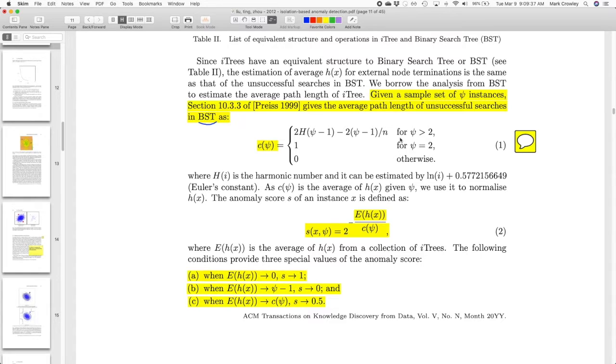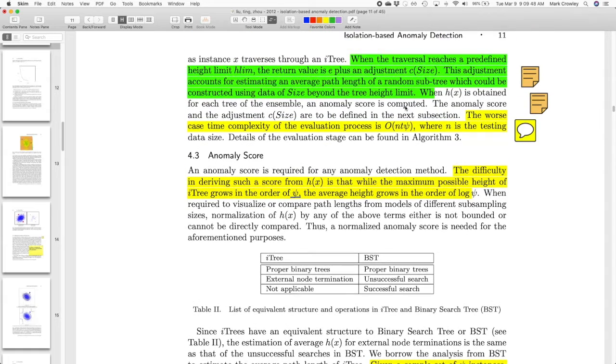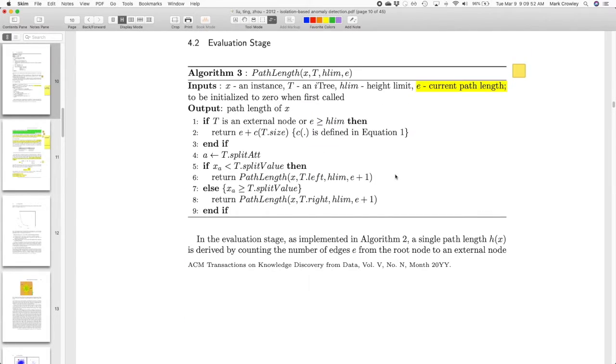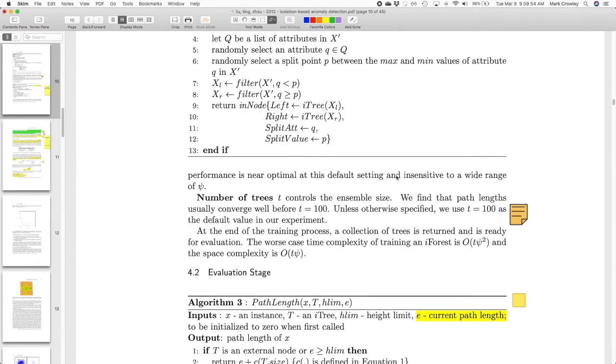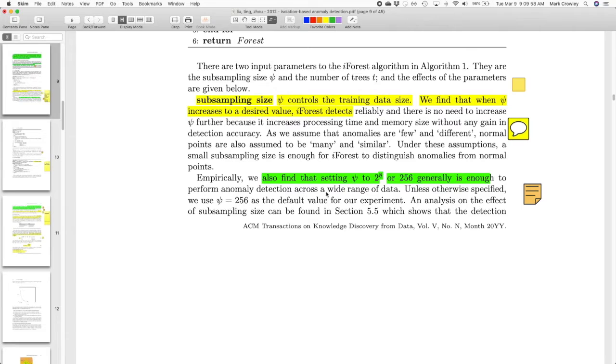Psi is another parameter they had. I think it was the number of samples. I should have checked what that was before. Oh, it's the subset, the training data size, right?